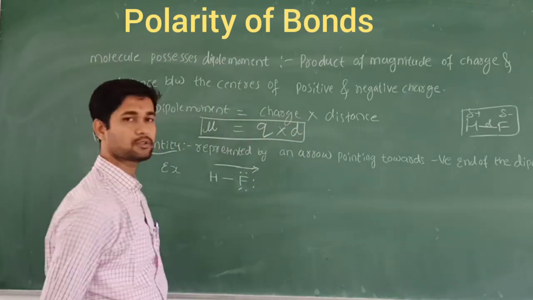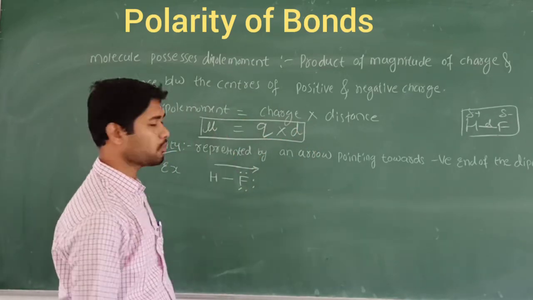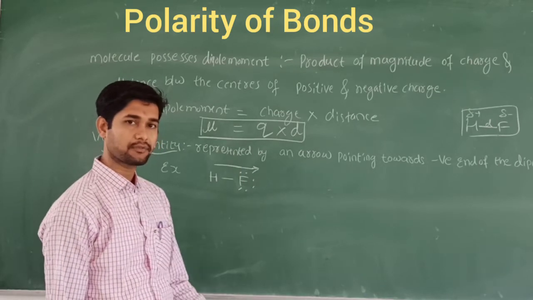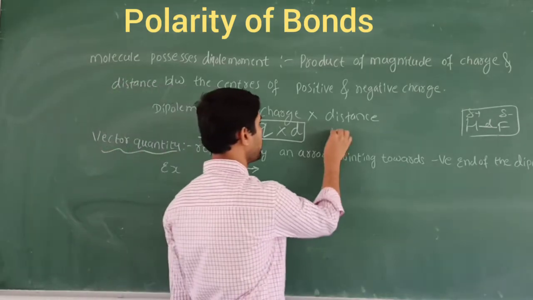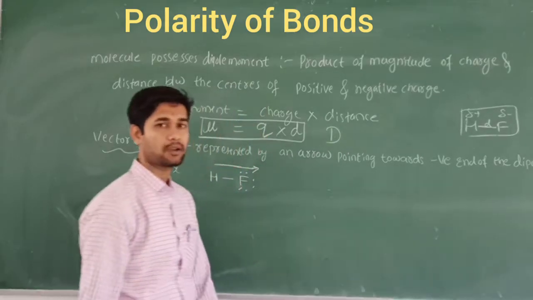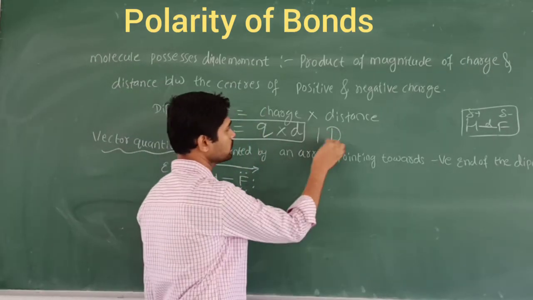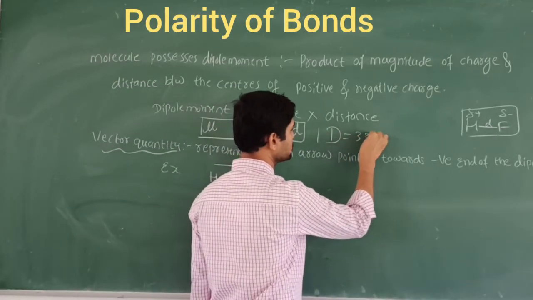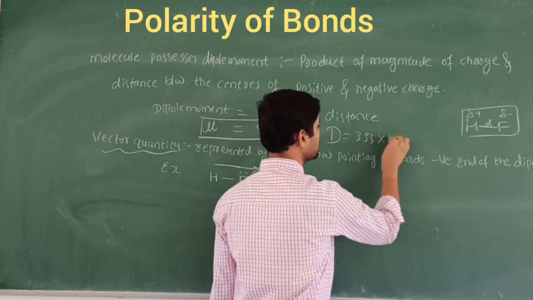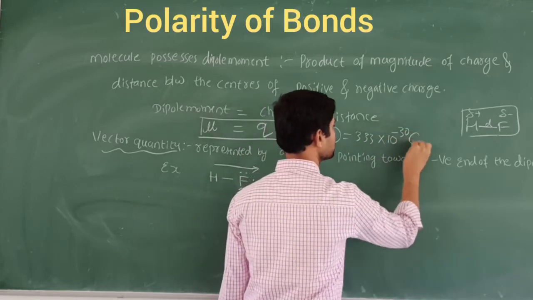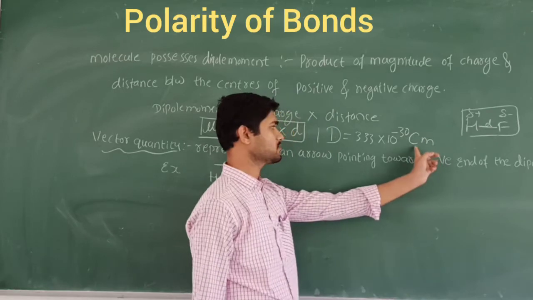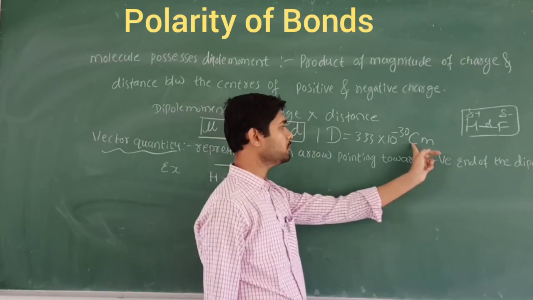Mu is equal to q into d, which is the mathematical form. The dipole moment is expressed in the unit debye, and one debye is equal to 3.33 times 10 power minus 30 C·m. Here C·m is not centimeter; it is coulomb meter.